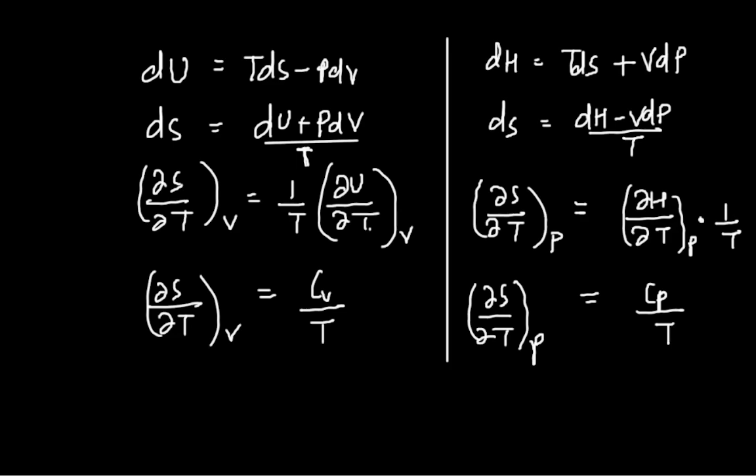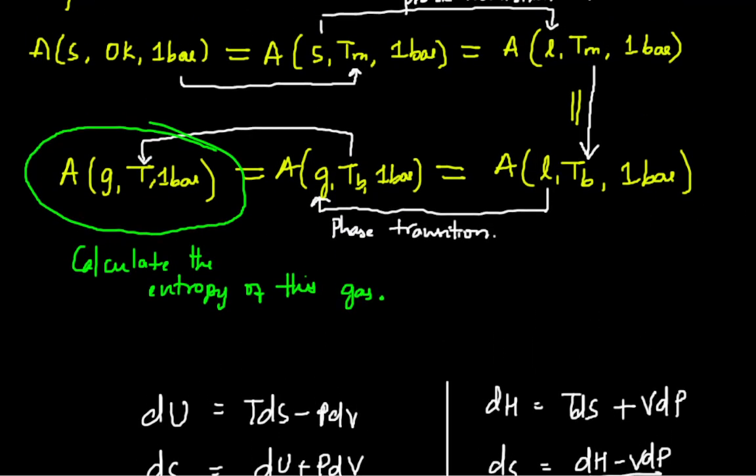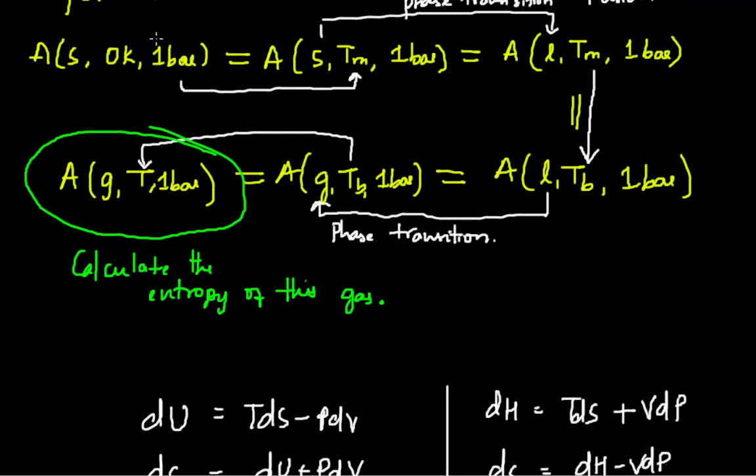Now here, to calculate the entropy of the gas, since the pressure is constant, look here, it's 1 bar, it's 1 bar again, it is 1 bar. So the pressure is constant.